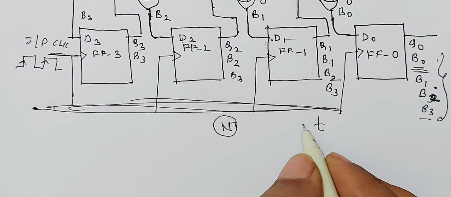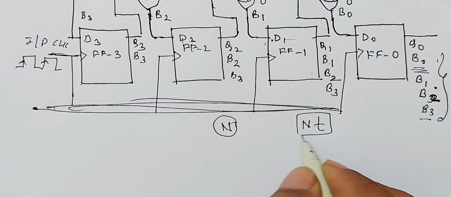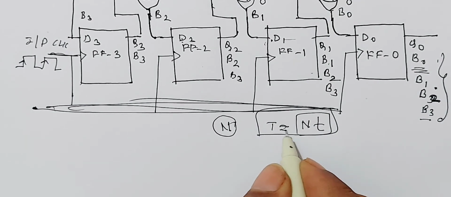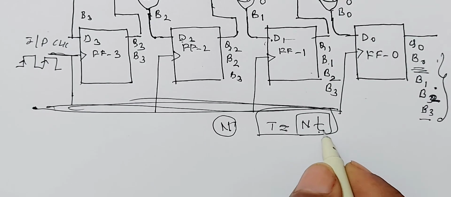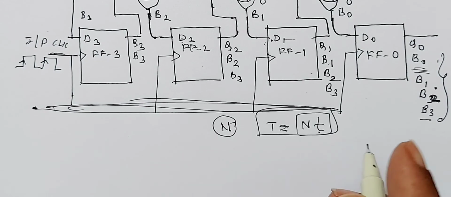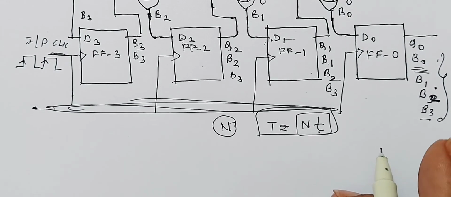For n clock pulses, time taken is nt. Therefore, time taken to shift n bits is given by T equals n into t, where small t is the time required to shift for 1 clock pulse. This is how parallel in serial out works.